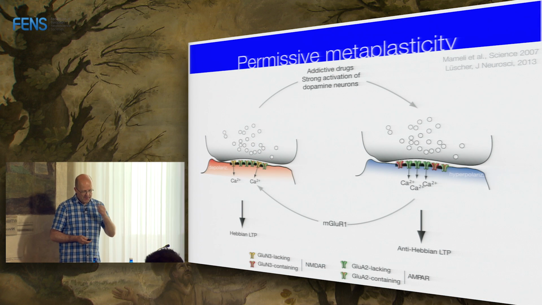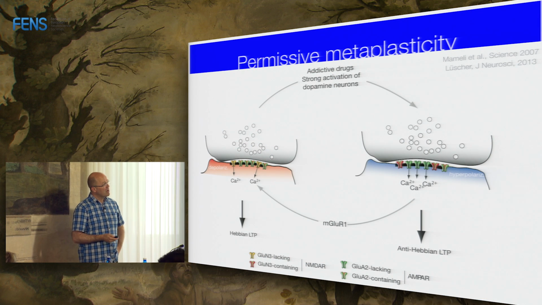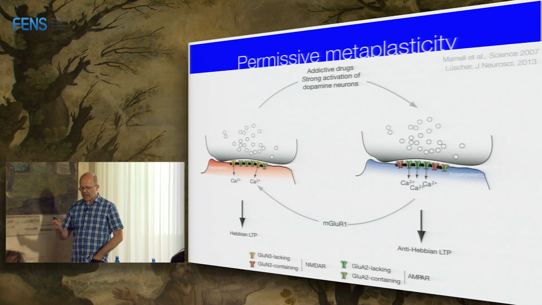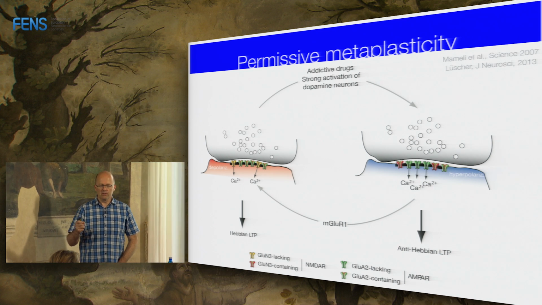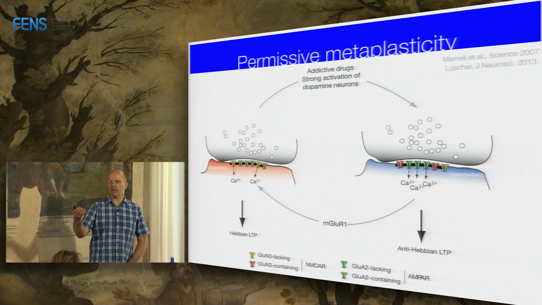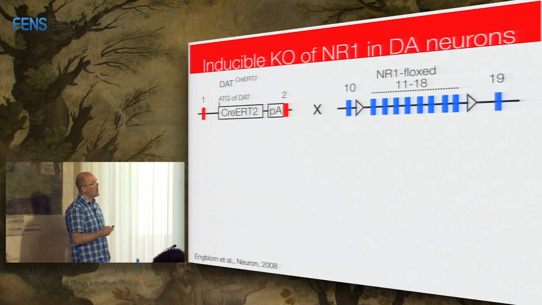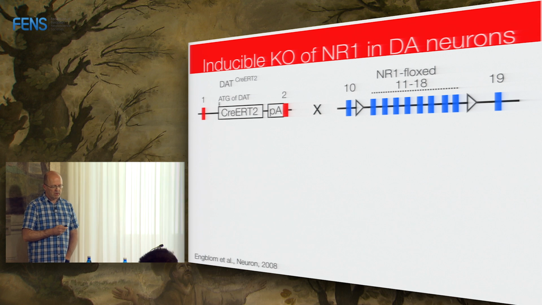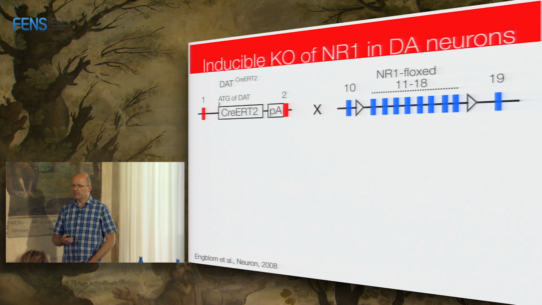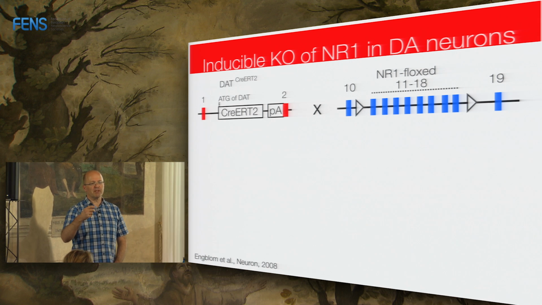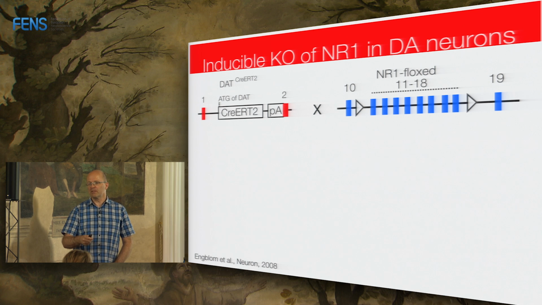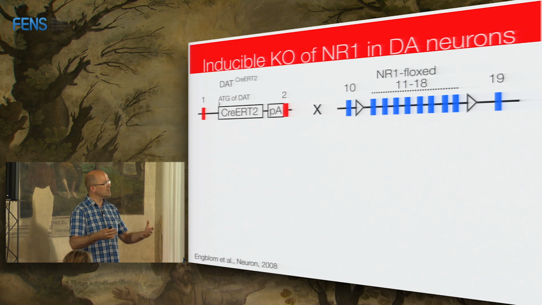Okay, so with that understanding, we then tried to see whether we could correlate this to behavior. And that was many years ago, so our first attempt was to use a knockout. But at least, in our defense, we didn't use a genome-wide knockout that was already present during development.